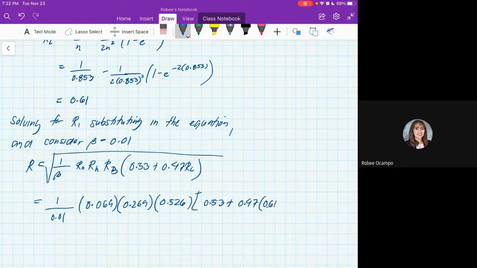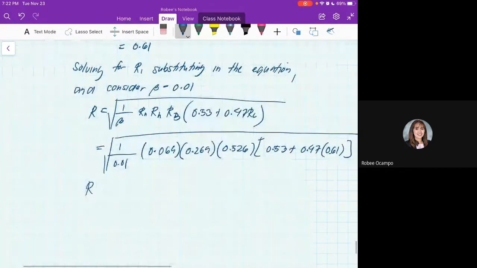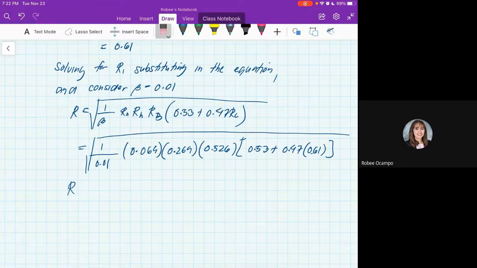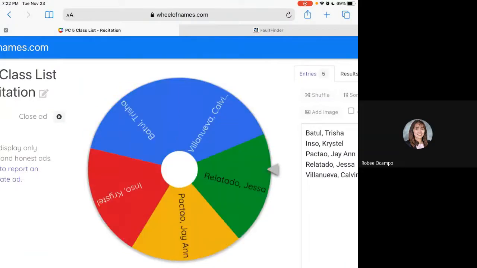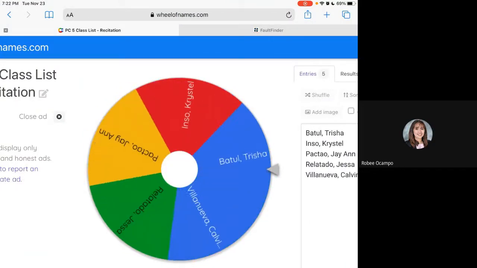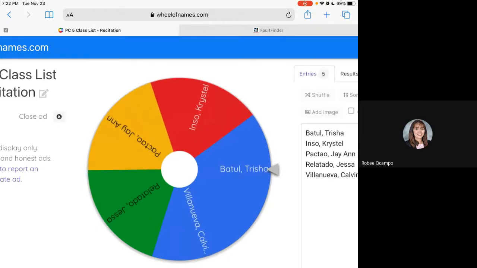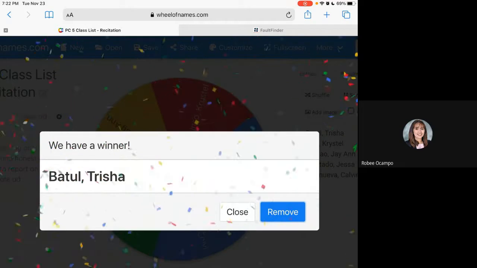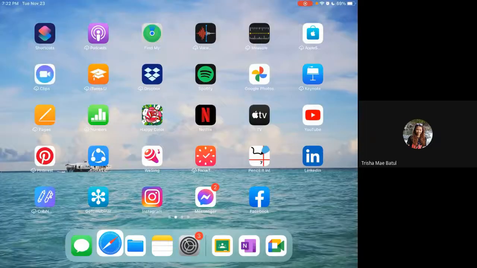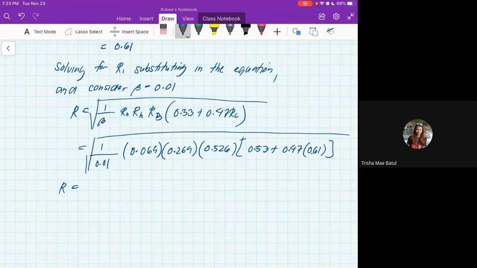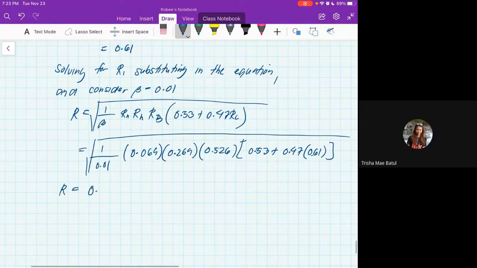So square root for that. Okay, the value for R is 0.89.